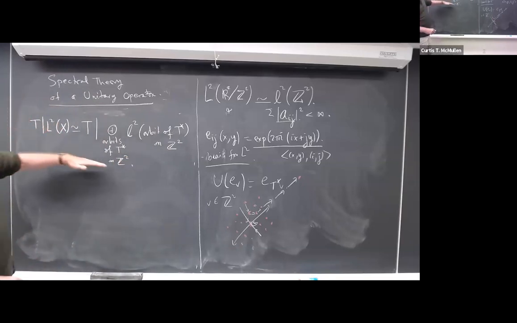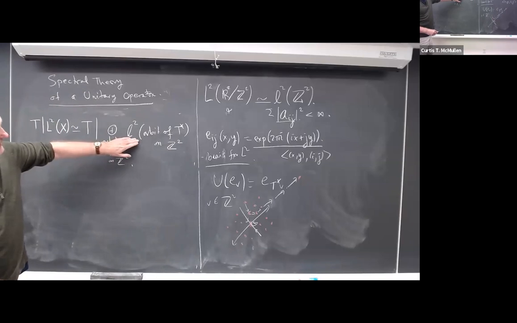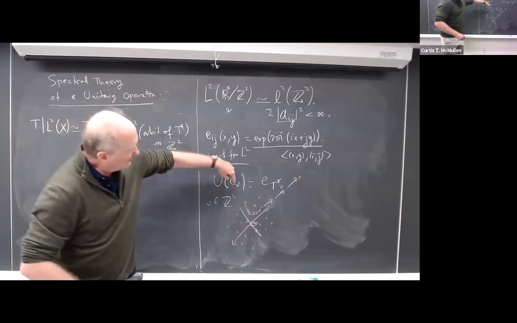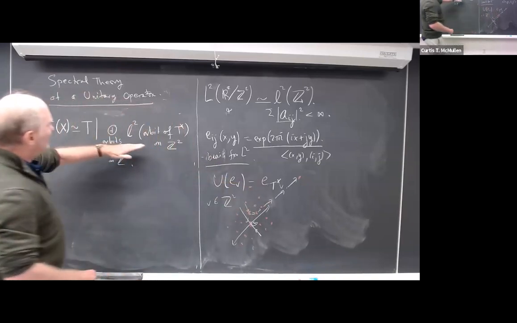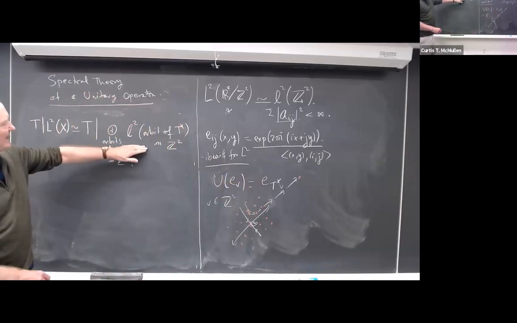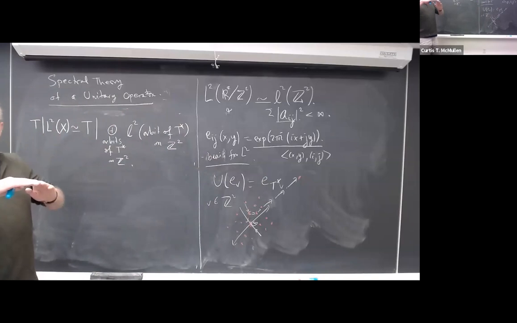And how does T behave on a typical one of these orbits? Well, it just moves the elements along from one to the next. So the action of T on the infinite orbits is just a shift map.